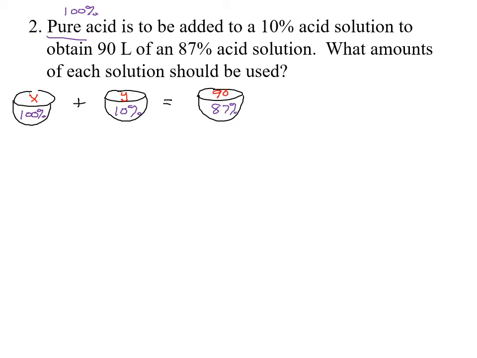So one equation that I'll use is straight across the top, x plus y equals 90. The other equation that I'll be using is multiplying the tubs together. 100% times the x plus 10% times the y will be 87% times 90.